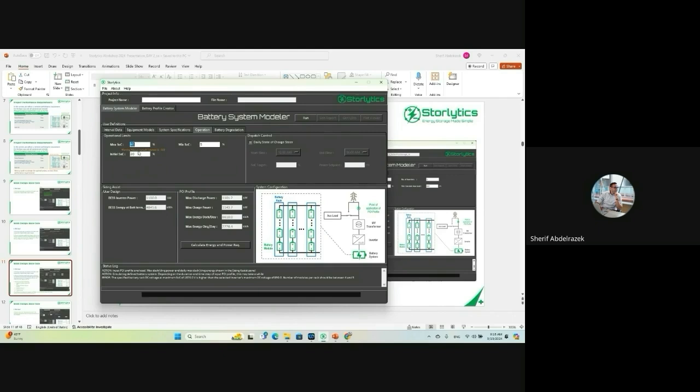Operation. We touched on this a little bit yesterday, but you get to set the maximum state of charge you want your system to operate at. Yesterday, when we were building the profile, we assumed a 90% depth of discharge. So here you can set it to 95% maximum and 5% minimum state of charge.